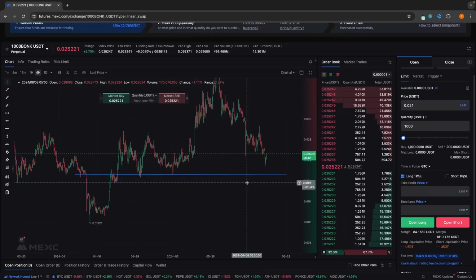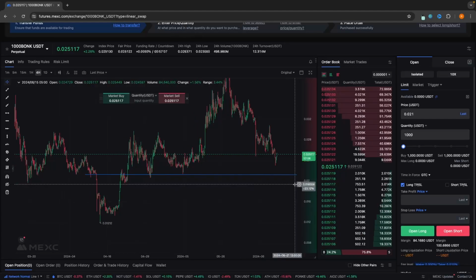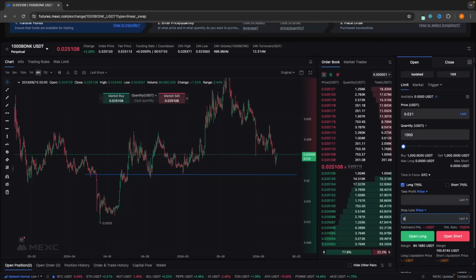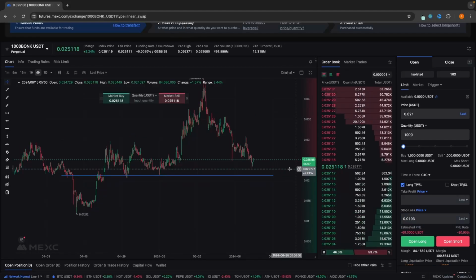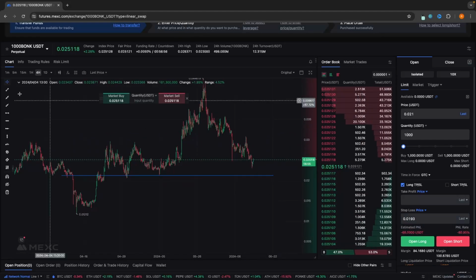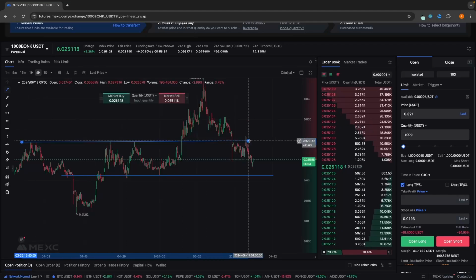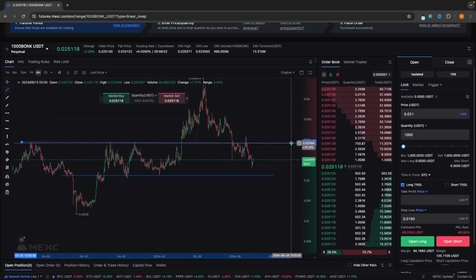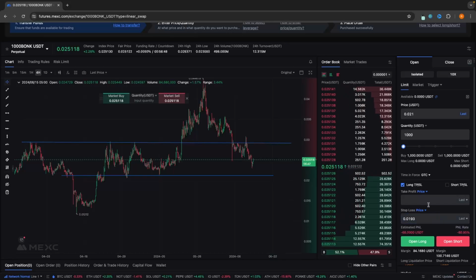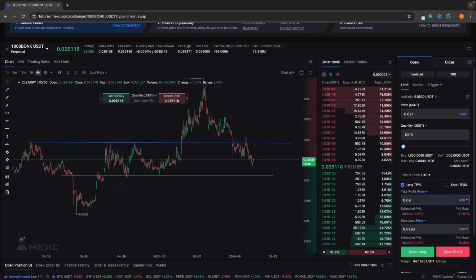And then I can set my stop loss to maybe this area of resistance right here. So if we break beneath this, then I'm going to exit. So let's enter that in. Let's say 0.0193, stop loss 0.0193. And then for my take profit, we can see a big area of resistance right here. So I'm going to place my take profit at 0.0291.